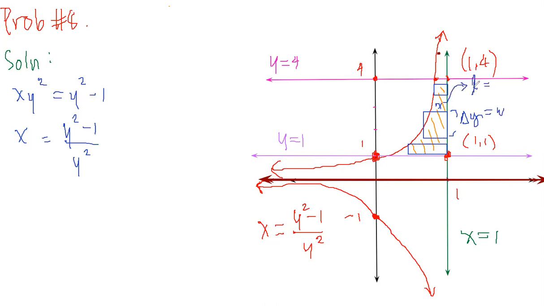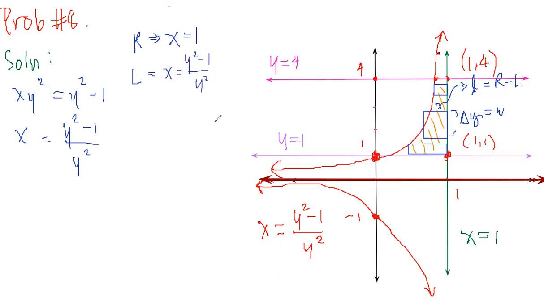The length is equal to, since it's horizontal, the right minus the left, the right equation and the left equation. So let's identify them. The right equation is x is equal to 1, and the left equation is x is equal to y squared minus 1 all over y squared.